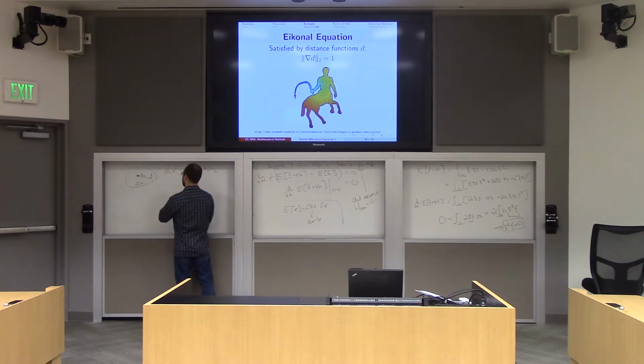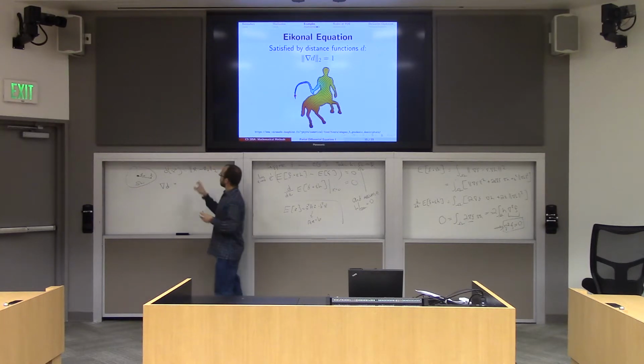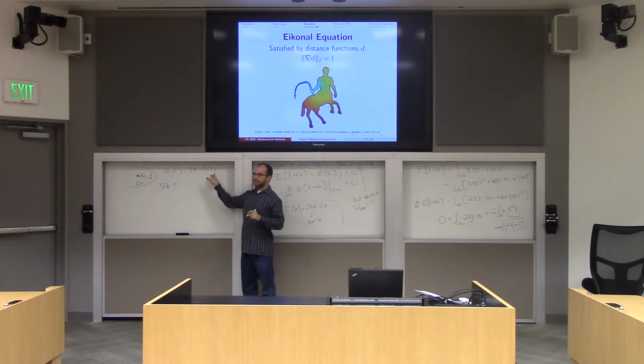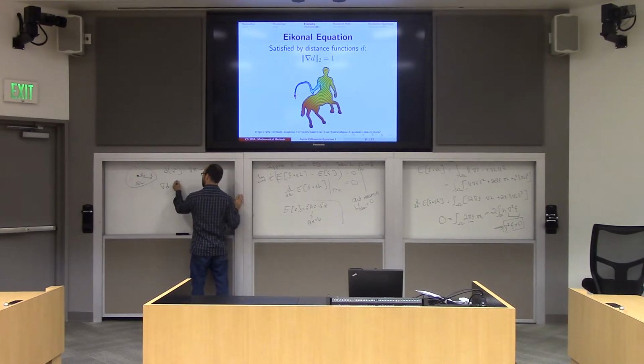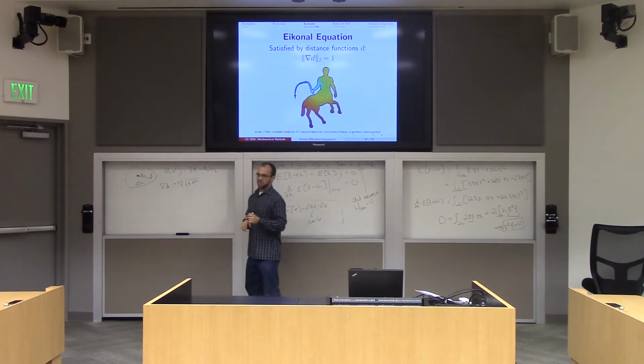What is the gradient of this guy? Well, this is a little annoying because it's a 2 norm and it's not squared. But one way around that is to say this is the same as the gradient of the square root of d squared. The distance is a positive number, so I didn't make any mistakes.